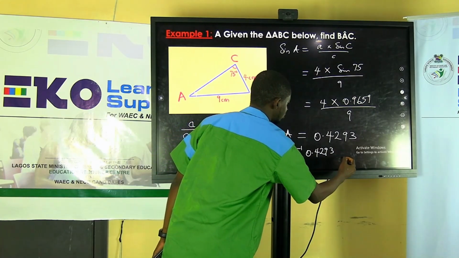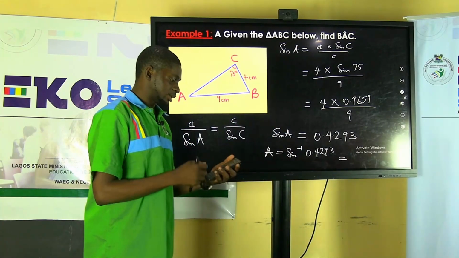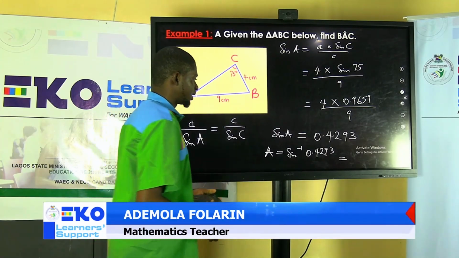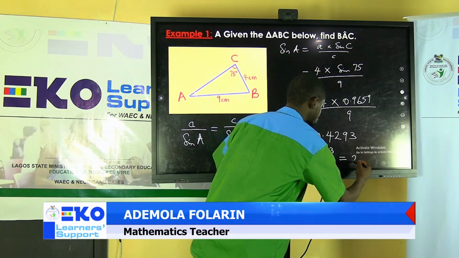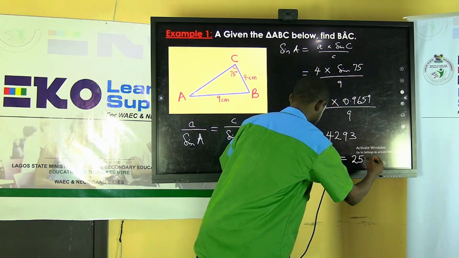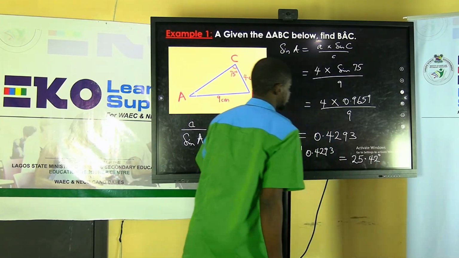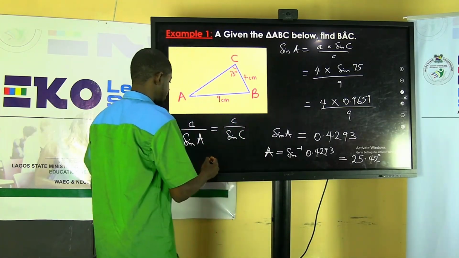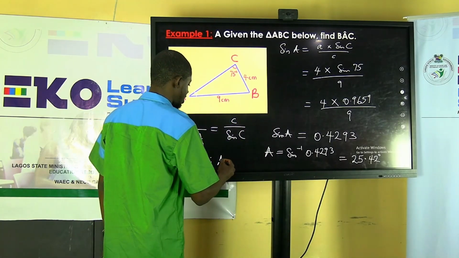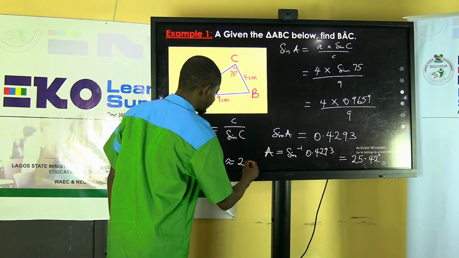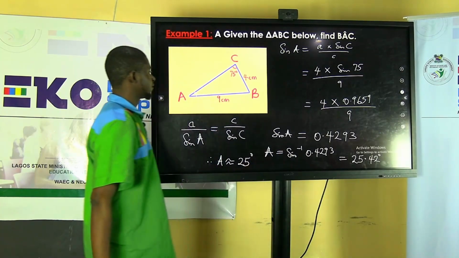0.4293, which you can easily get on your calculator by pressing shift sine inverse, and that gives me 25.42. I can say here, therefore, angle A is approximately 25 degrees.